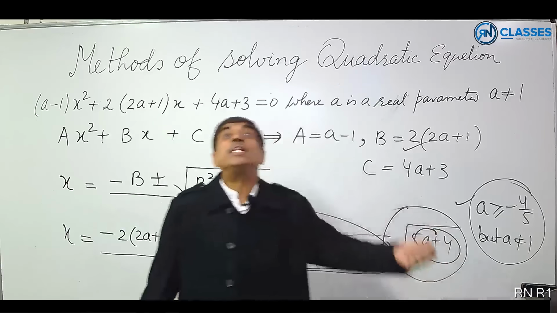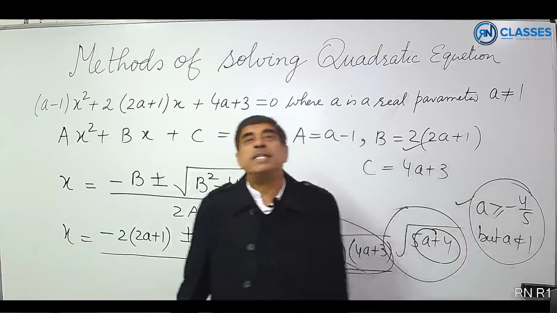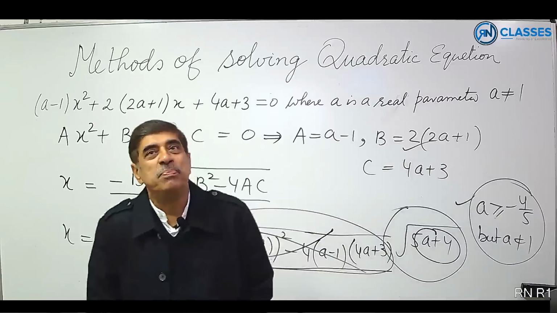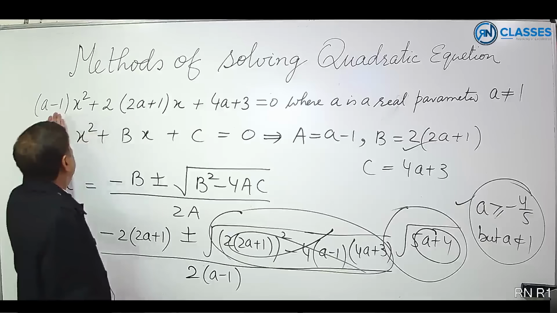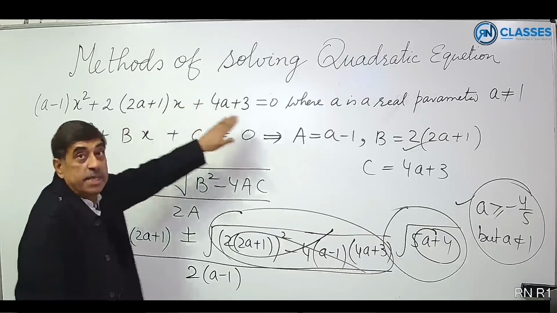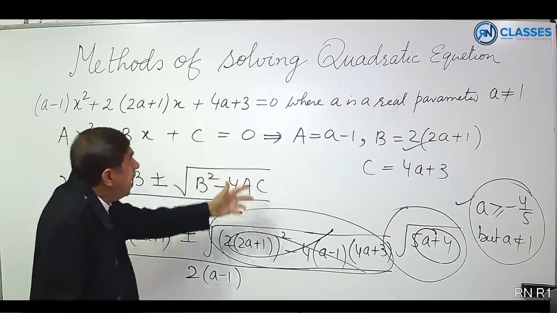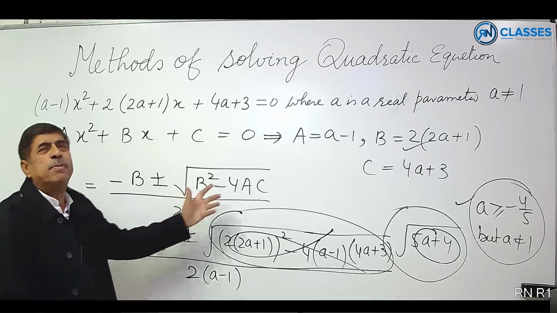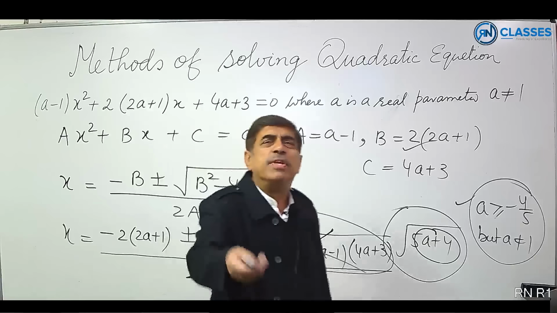In which case you are getting the real roots, you must mention, and that will complete the answer. So, here I solved the quadratic equation by the help of the formula, which almost everybody remembers. You apply the formula and solve the given quadratic equation.